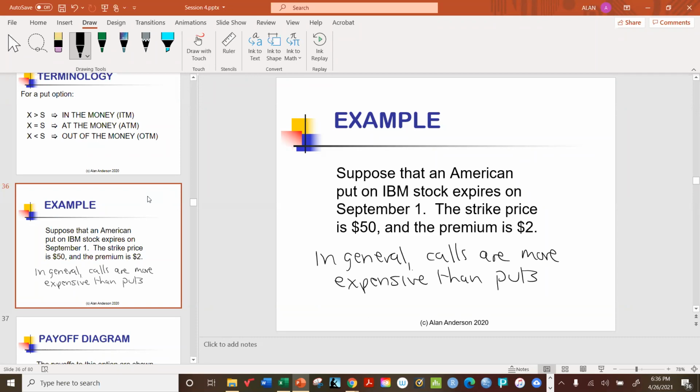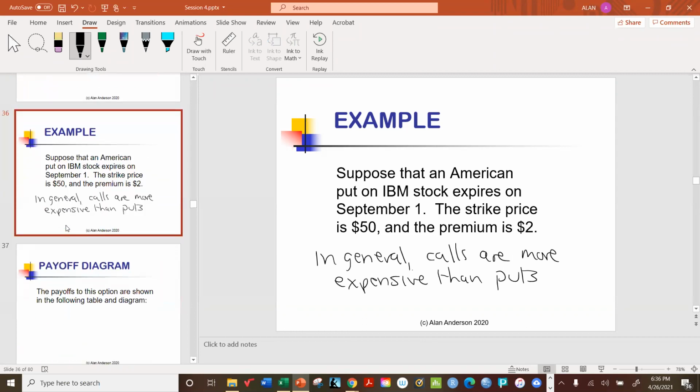In other words, they have the same underlying asset, the same strike, et cetera, et cetera. But just in general, calls tend to be more expensive than puts. Not always, but most of the time.